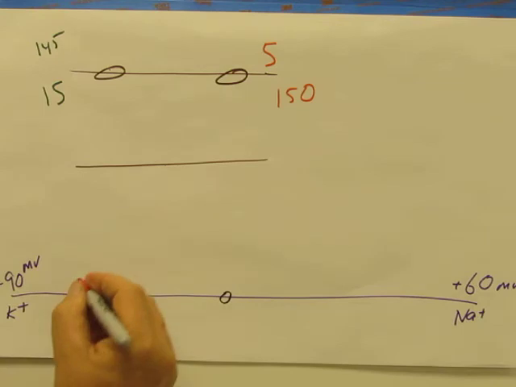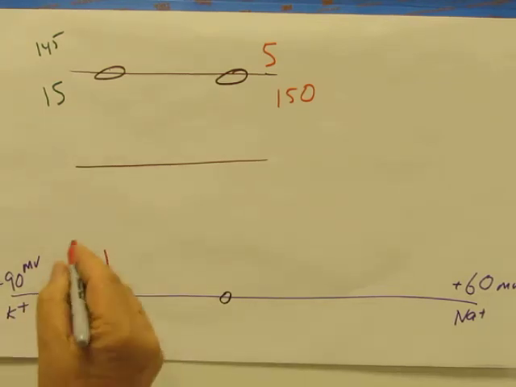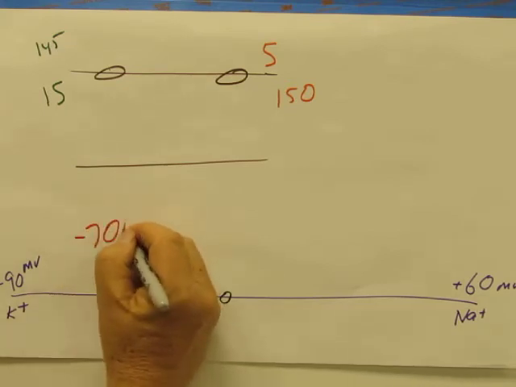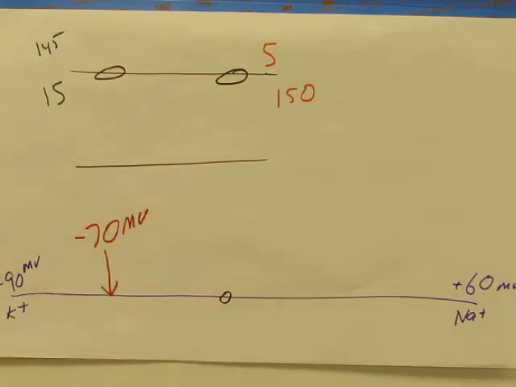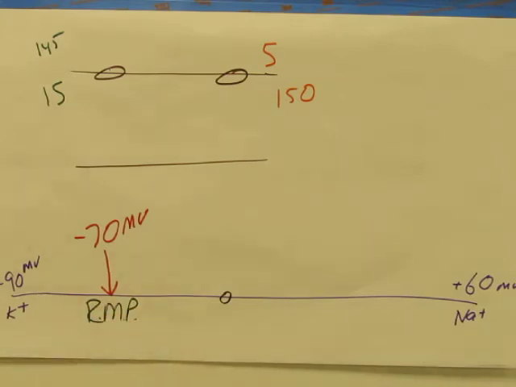In fact, when it's said and done, it stops here at negative 70 millivolts. We call that the resting membrane potential. So a nerve cell at rest doesn't mean nothing's happening. You still have sodium leaking in, potassium leaking out. But when you combine both of these, the voltage is at negative 70 millivolts.